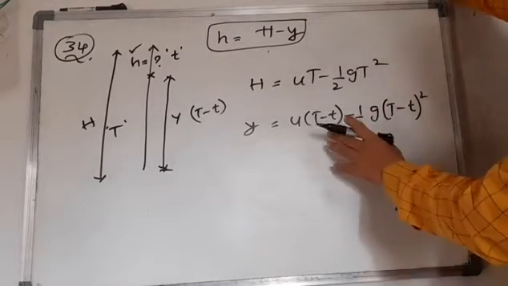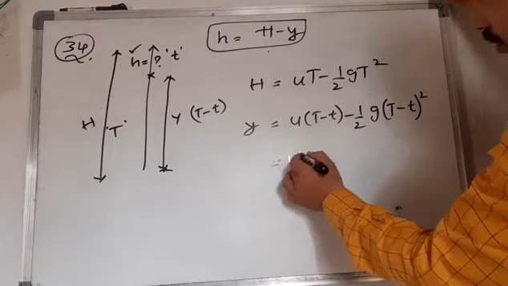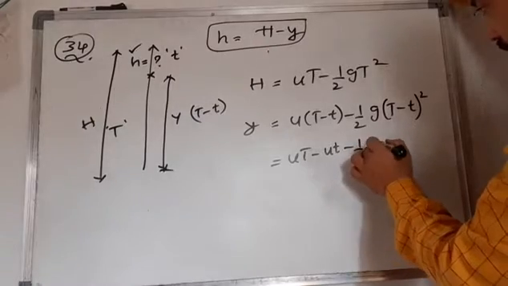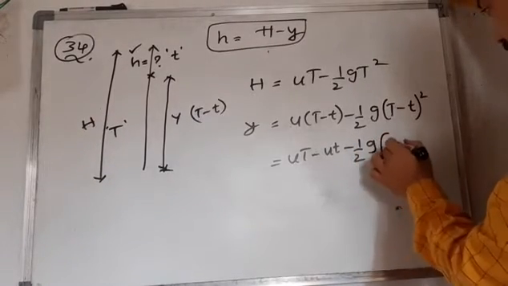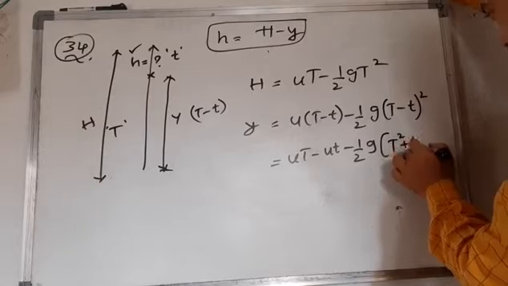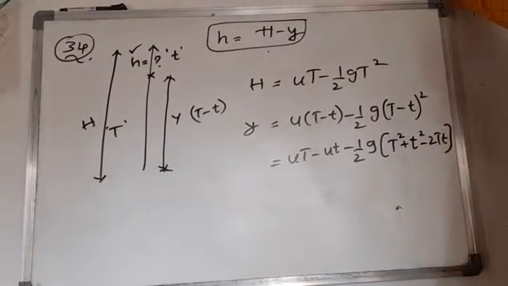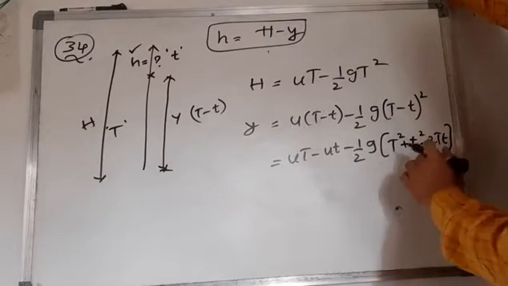Now let us expand this. What you will get: this is equal to u capital T minus u small t minus half g into T square plus small t square minus 2Tt.